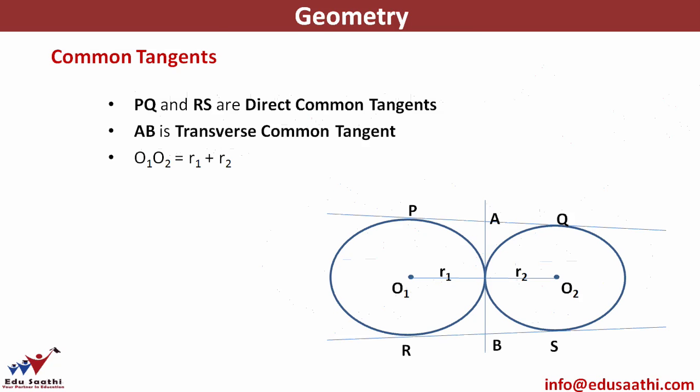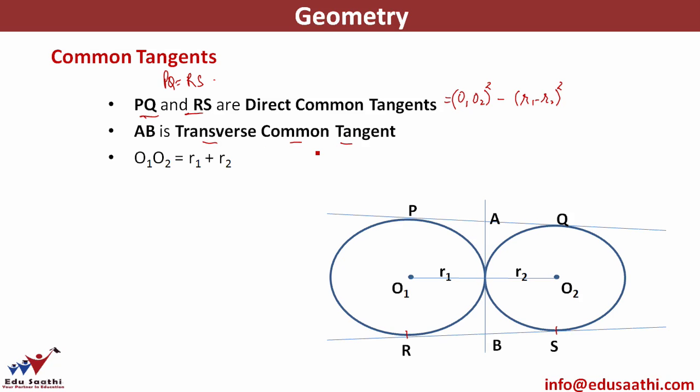Let's look at the case. Here I will just say PQ and RS, and the lengths are equal. PQ equal to RS will be the case of the direct common tangent, and their lengths would be given by the square root of O1O2 squared, which is the line joining their centers, minus (R1 minus R2) squared, which is the difference of their radii. And AB is a transverse common tangent.